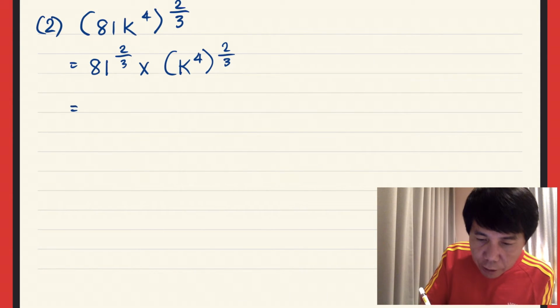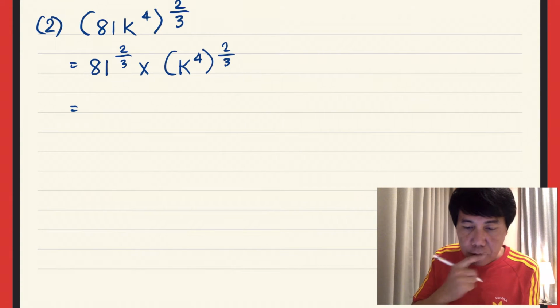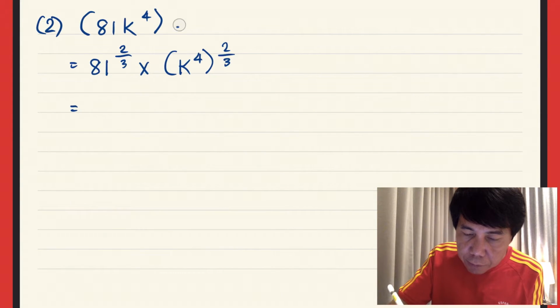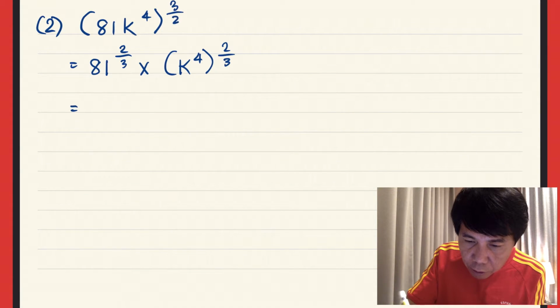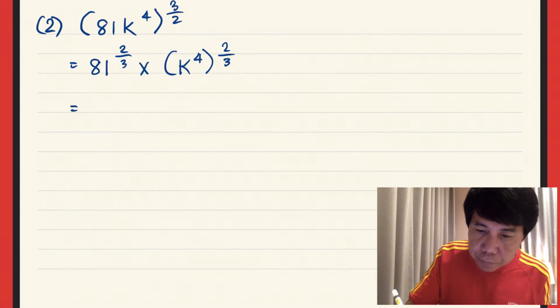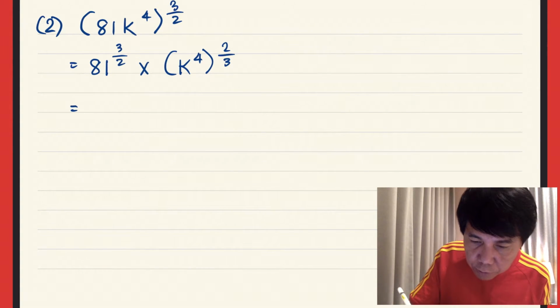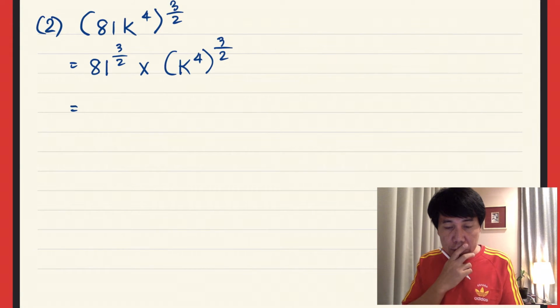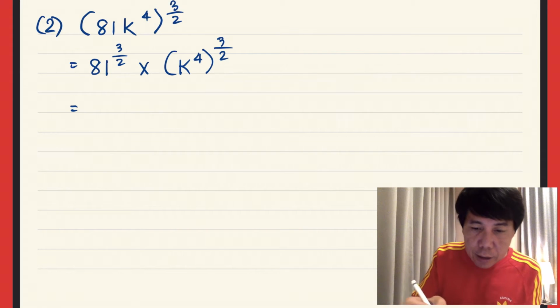Okay, then what we have to do is, the equation should be, this one is wrong, it must be 3 over 2. This one also is 3 over 2.